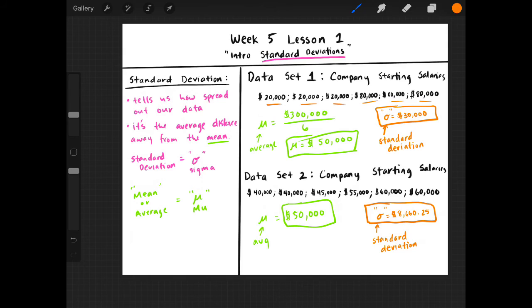Notice how if you start there, it's kind of deceiving to say, oh, our starting average salary is $50,000, because you're either starting at 80 or you're starting at $20,000. That's why the standard deviation is so important. If you look deeper at the data, you know that you could be making a lot at the beginning, or you could just be making pennies compared to some other people starting there.